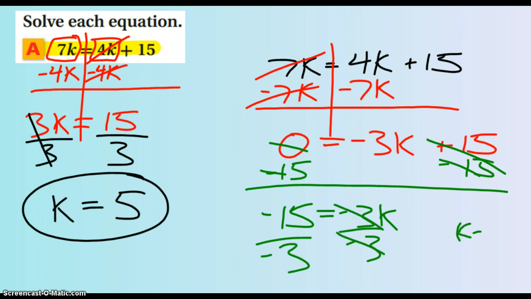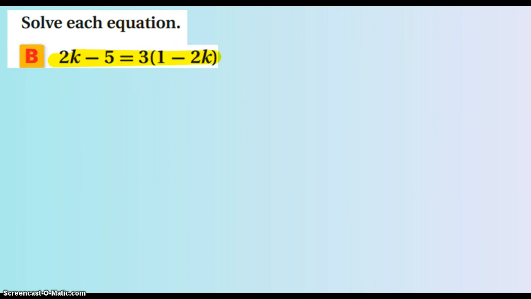K still equals 5. Alright, so like I said, it still works out, and that's the only reason I'm showing you that. But you'll get used to making that choice to bring it over to make the decision easier and the problem easier.